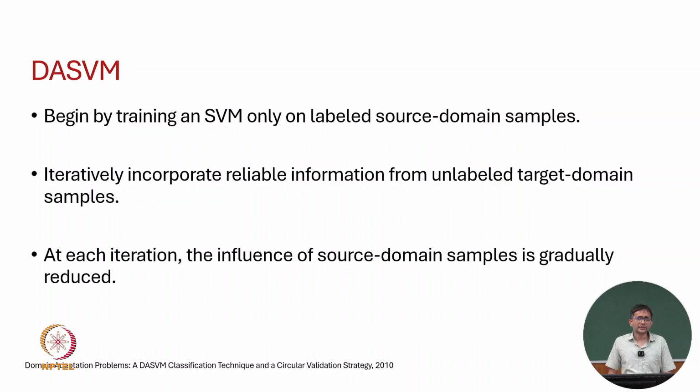That is, you have the unlabeled target domain data, you have the source domain trained SVM. You can use that trained SVM to understand the target domain data and see which of those target domain samples you are more confident on and can include in your training set. So at each iteration, the influence of the source domain samples is gradually reduced, whereas the influence of the target domain samples is increased.